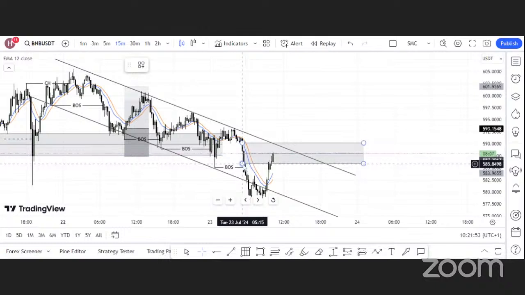You can get familiar with a pair. For those mentors that always talk about getting familiar with a particular pair, I don't think anybody can get familiar with a particular pair, because if you can, then that means you'll not be losing.